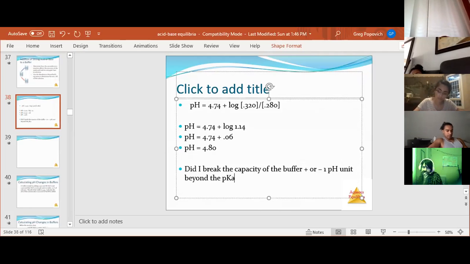Let's change this around a bit. Say I add 0.10.